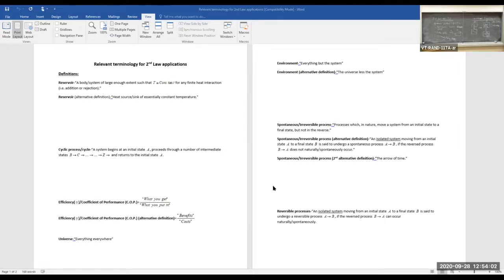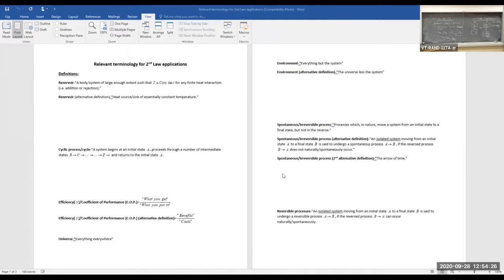So right here where you've got this nice big space, why don't you draw the three processes we just listed? Heat transfer across a finite delta T, process involving friction, and unrestrained expansion. Draw those situations.